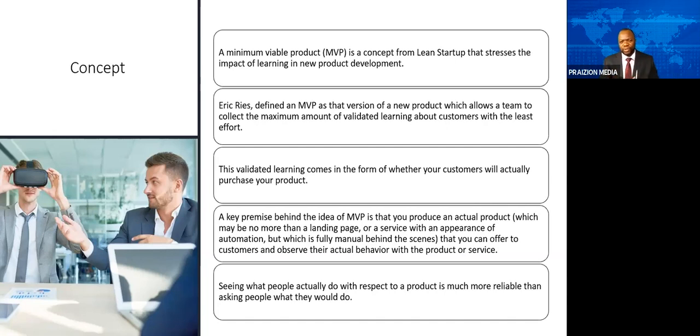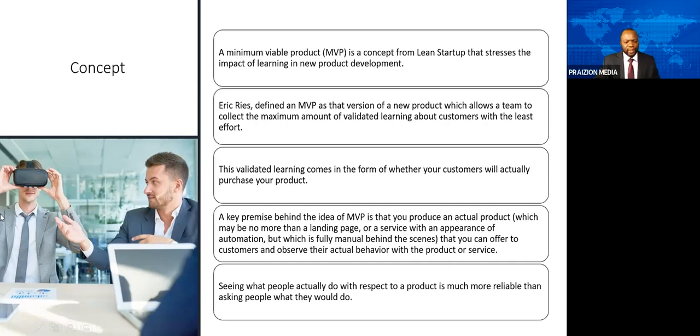It's manual. It's all connected with links, but it gives you the opportunity to get that early feedback, that learning that is needed for the final thing. Seeing what people actually do with respect to a product is more reliable than asking people what they would do.